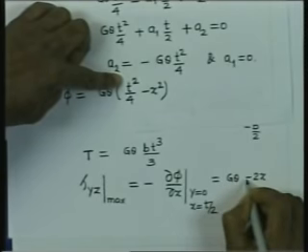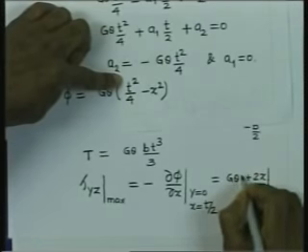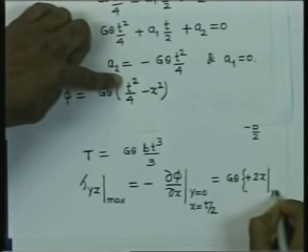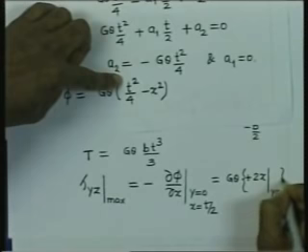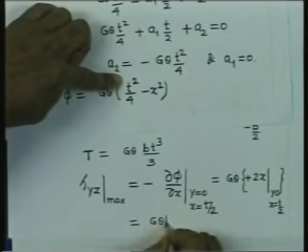So, minus 2x becomes plus at y equal to 0, x equal to t by 2, which gives us g theta into t.